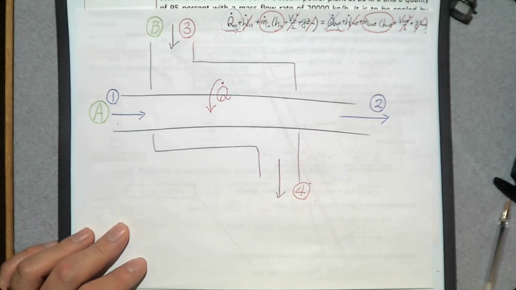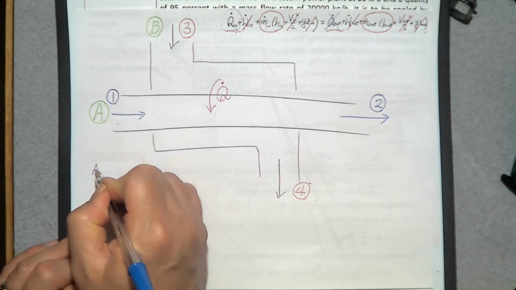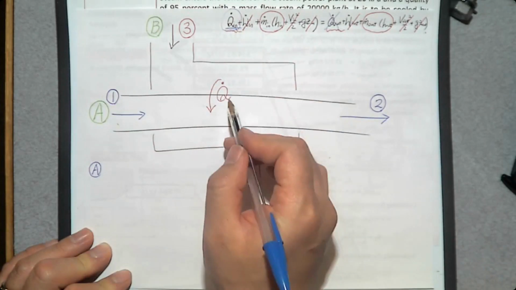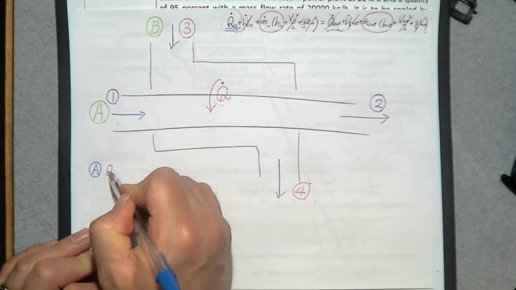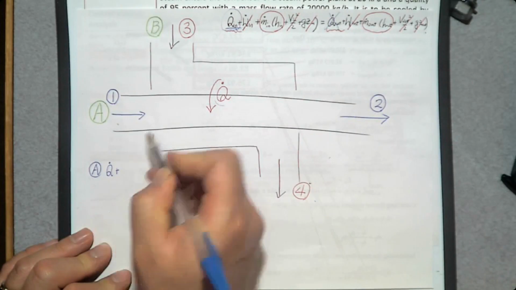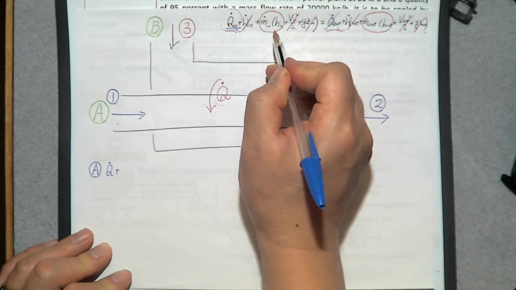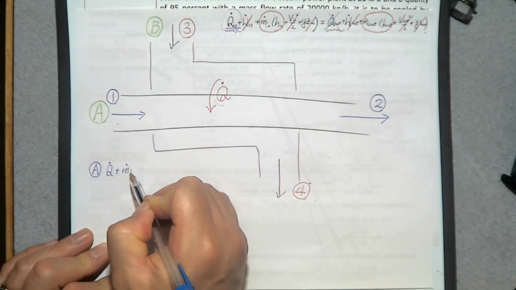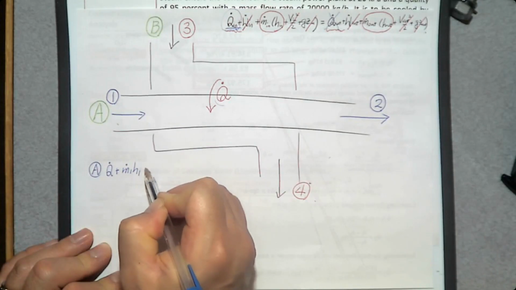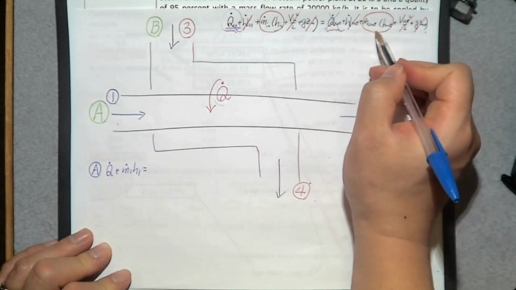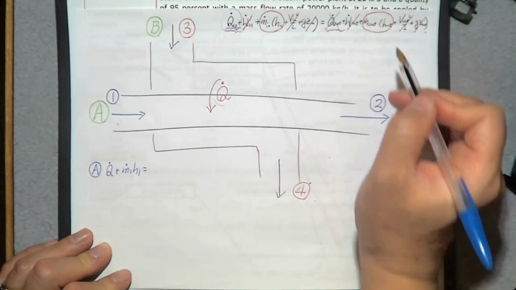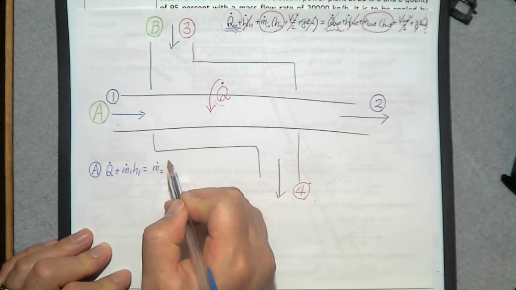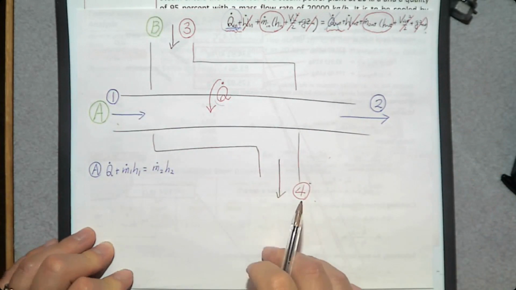So for fluid A, the energy balance equation is we have an incoming heat transfer for the amount of Q dot. So we have Q dot plus the enthalpy transfer rate at the inlet, which is number 1. M dot 1, H1. What else? We have enthalpy transfer rate at the exit, which is number 2. M dot 2, H2.